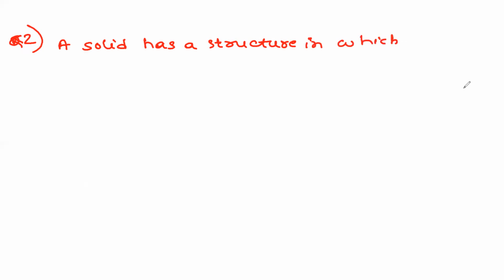A solid has a structure in which W atoms, W is tungsten, capital W, are located at the corners of the cube.